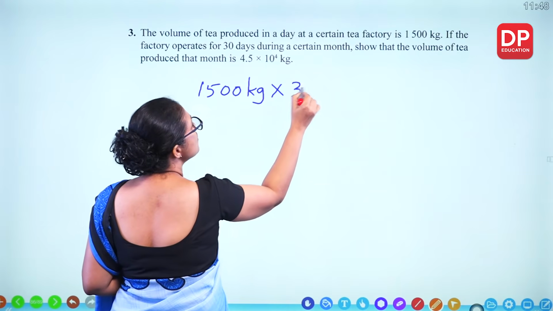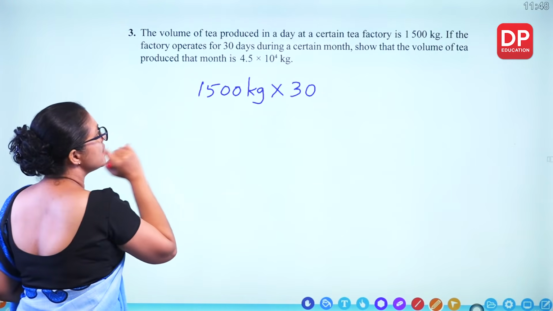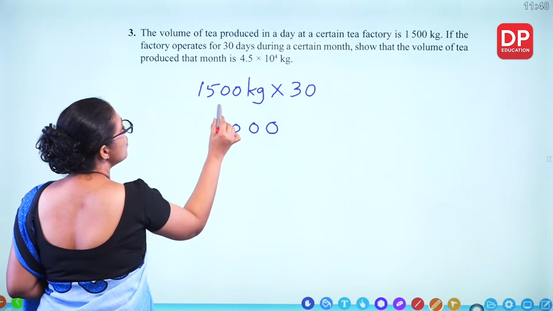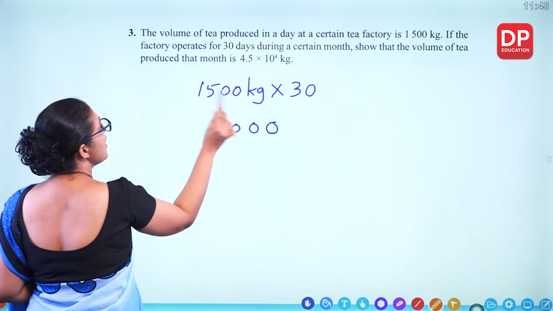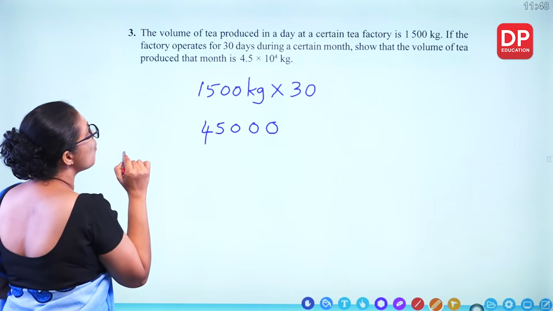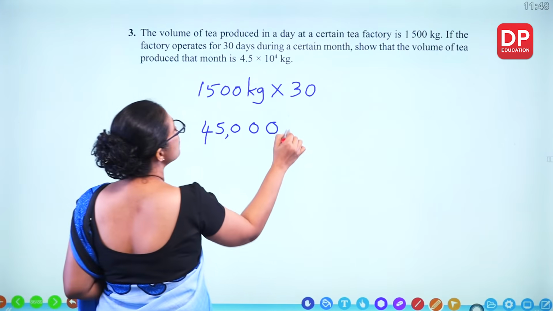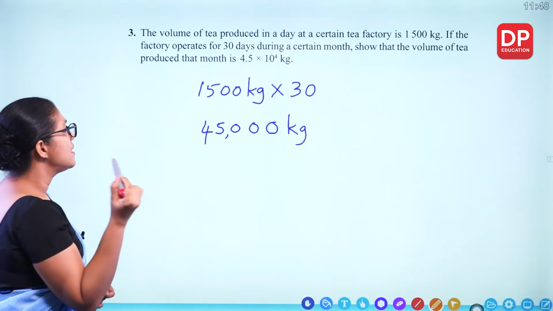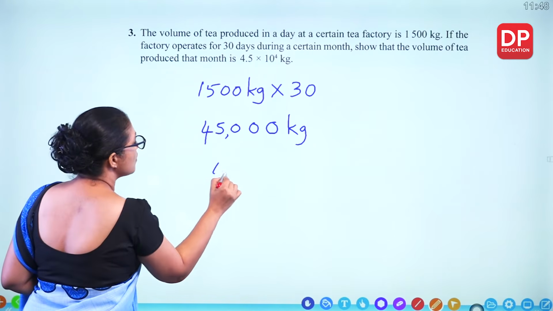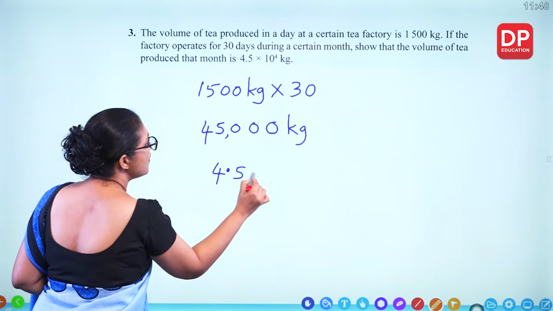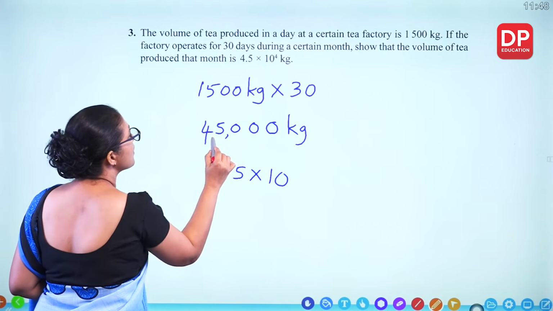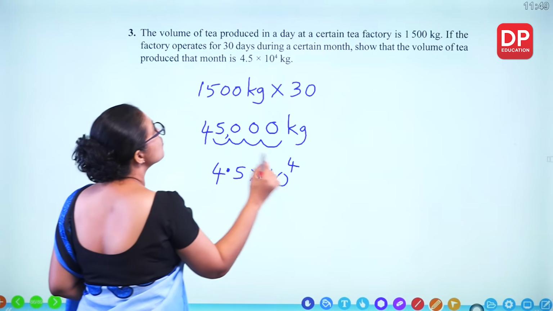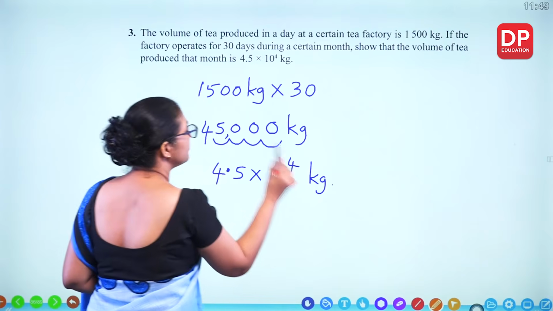For 30 days, you have to multiply by 30. So put a 0, multiply by 3, 0, 0, 15 and 1 remaining. This becomes 4. So 45,000 kg. So if you write this number in scientific notation, you can write 4.5 10 to the power 1, 2, 3, 4. 4 places to the right. So you get the same answer.